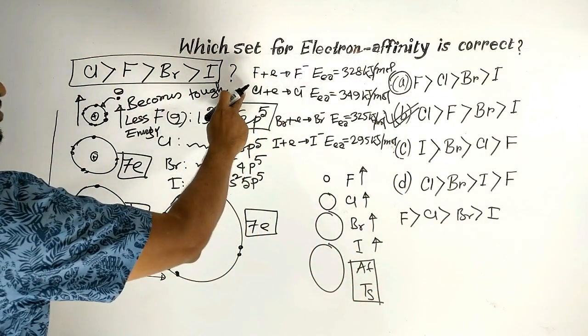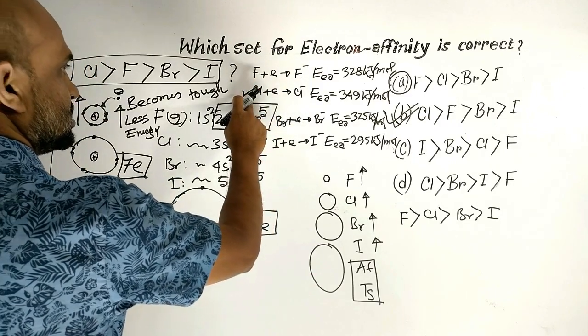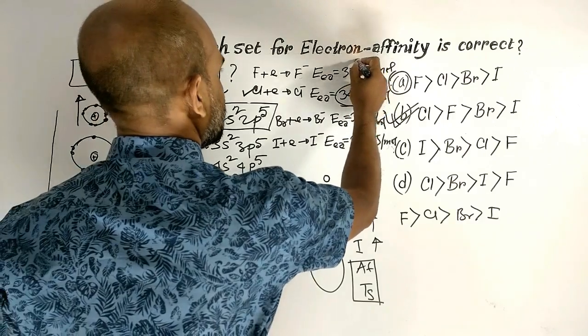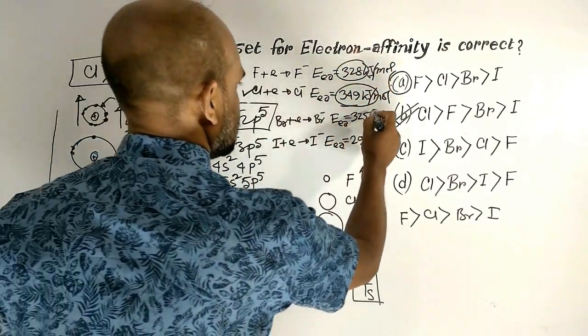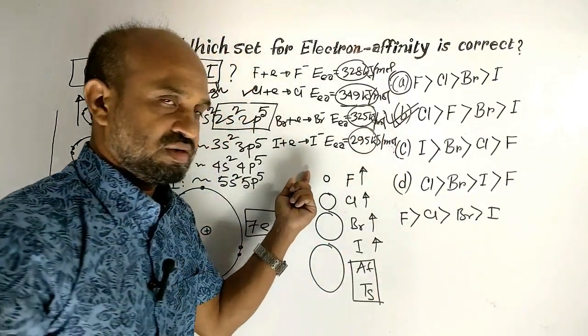That is, firstly chlorine, its electron affinity is higher, and then fluorine, after that bromine, and finally iodine.